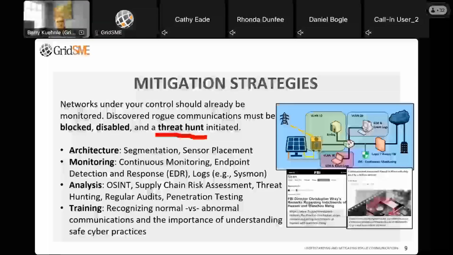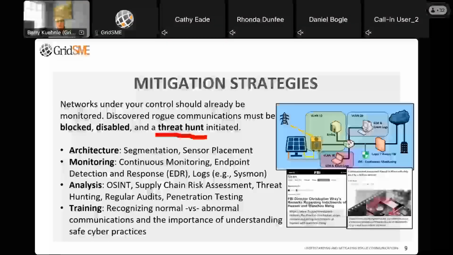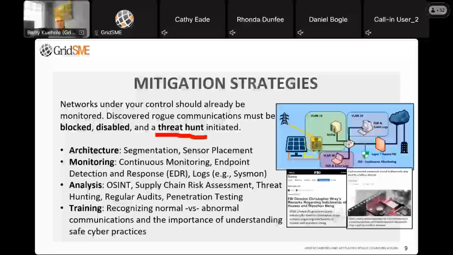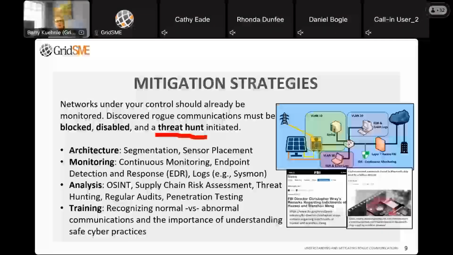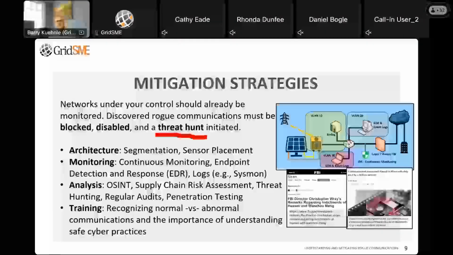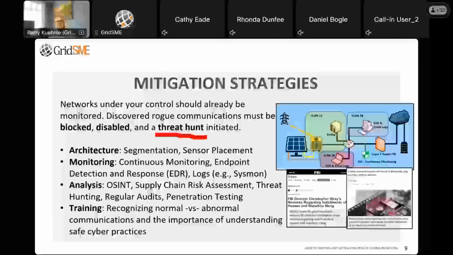Let's talk about the architecture a little bit. From an architecture perspective, what you want to do is segment your network. In the diagram I have here, it is segmented into three different sections called virtual local area networks, or VLANs. You can set security controls so that only the devices within each VLAN can talk to each other. Traffic goes out to the firewall or whatever device is managing those VLANs.